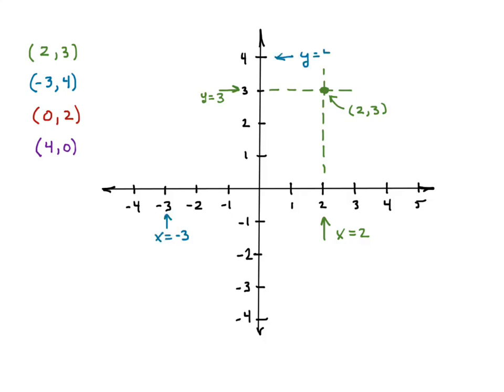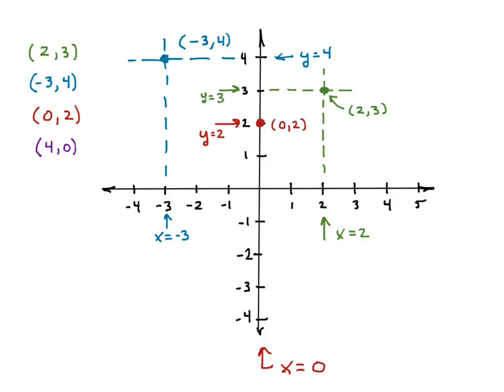We're going to look at -3 and where 4 is, and where they intersect, that's our point. X equals 0 and y equals 2 ends up on the y-axis, and then x equals 4, y equals 0 is right there. So hopefully this is pretty much a review, that you know how to plot these kinds of points on the coordinate axes. And of course 0, 0 is always the origin.